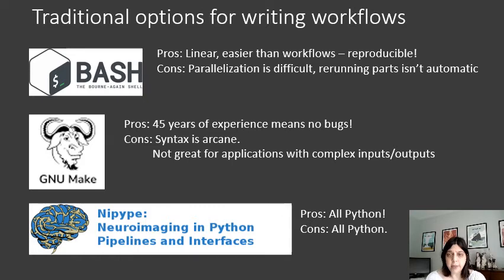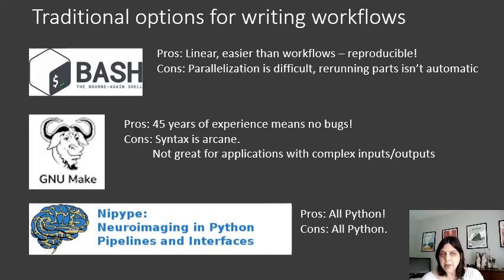And this is why really specific languages to describe workflows were created. The oldest of those that I know of is Make, and the pros of GNU Make, and I've written about this in the past as a fine way to get a step up above Bash, is that 45 years of experience in a programming model means that there's no bugs.